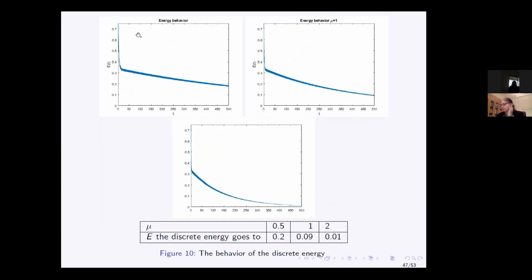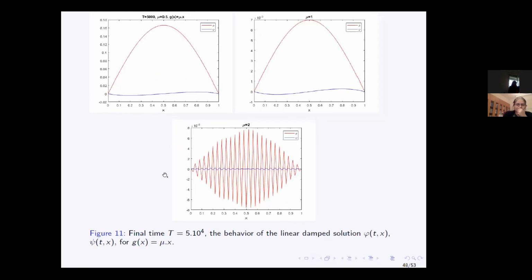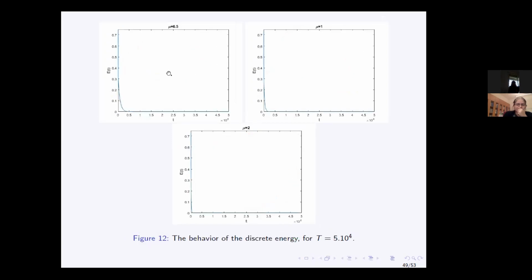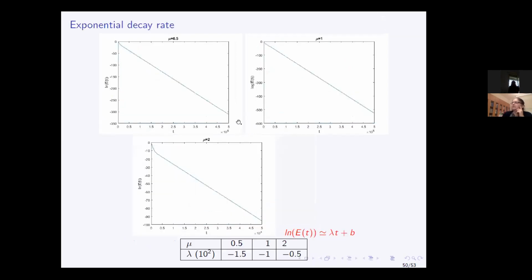Here is the behavior of the energy. We can see that the energy goes to 0 as time goes to infinity, with different values of the coefficient of the damping. And here for time equal to 5,000, the energy goes very fast to 0 as time goes to infinity.